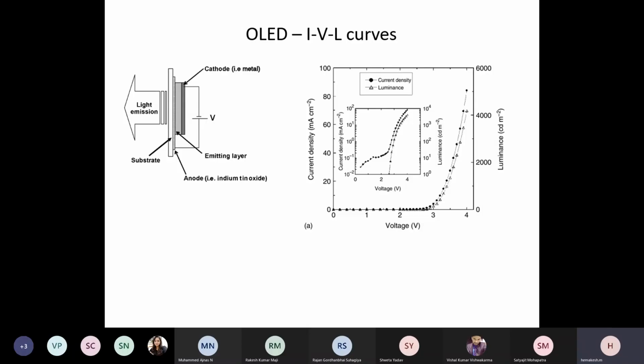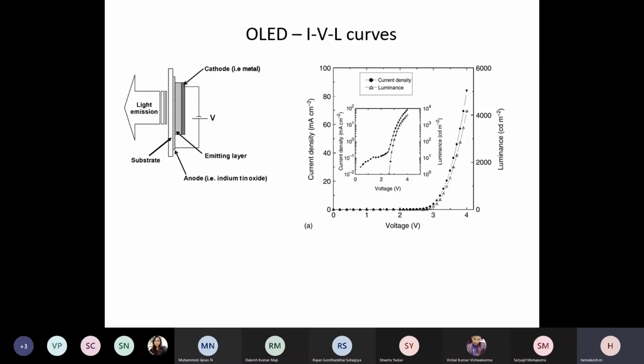What does that mean? That means that things like charge carrier mobility are important because that is correlated with the current density of the full device. As for the color, we know that color is dependent on the band gap. So band gap and charge carrier mobility, just like the previous devices we talked about, are important in this case as well.